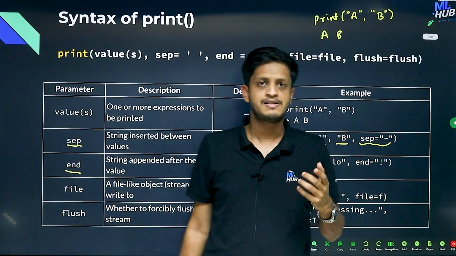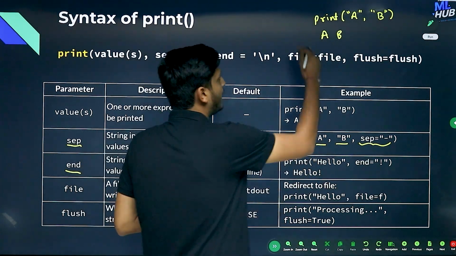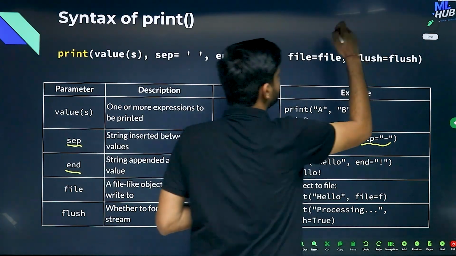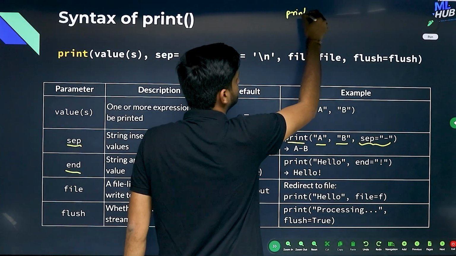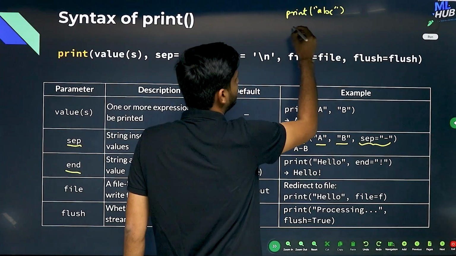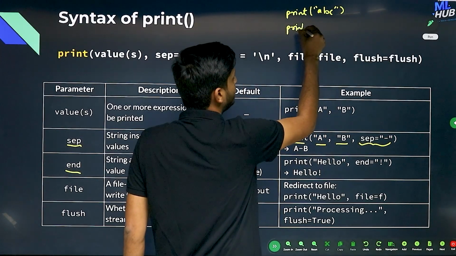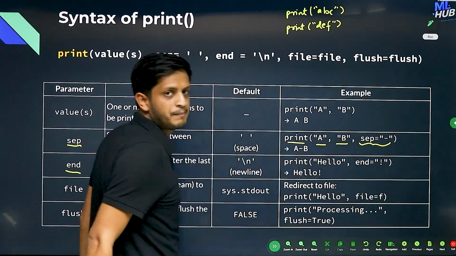Okay. Then the third is end. Whenever you write a print statement in Python, by default, after that print, the cursor goes to the next line. For example, let's say I write print ABC. Okay, then again I am writing one more print line, print DEF. Then what will happen?